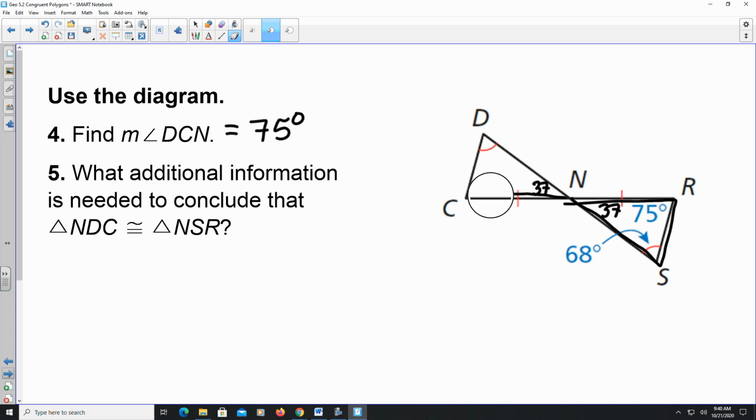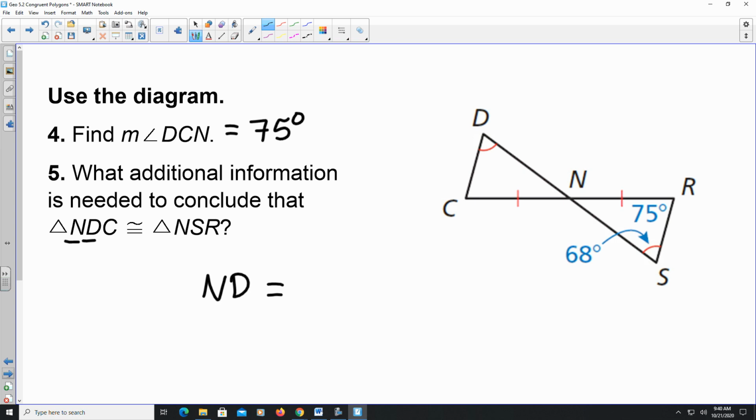The second question asks what additional information is needed to conclude that triangle NDC is congruent to triangle NSR. If I just look at the sides, first and second, is there a way to show that ND is congruent to NS?